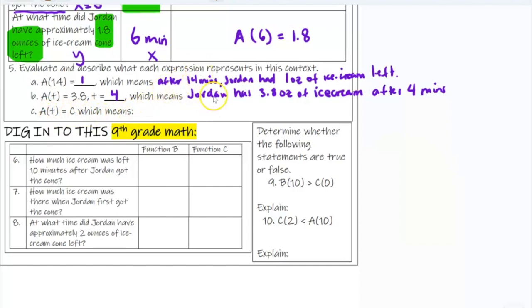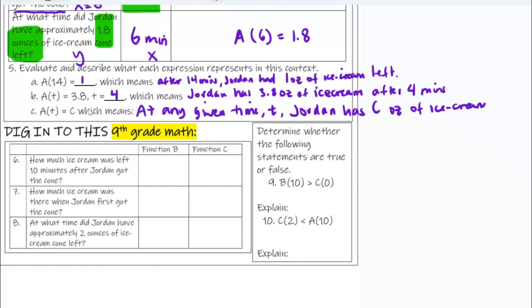It means, and again, we can take any one of these sentences, at any given time, T, right? So no matter what input you give me, Jordan has A of T ounces of ice cream. Okay, so just in general, what the statement means, at any given time, this is how much ice cream is left. Whatever the input is, whatever the output is.